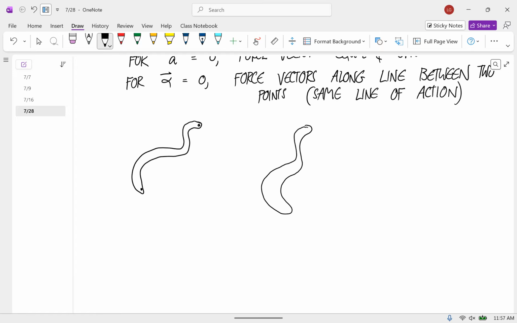If you think of the line connecting those 2 points, the only possibilities are that these force vectors are away from each other along this line, or that they're towards each other along this line. Those are the only possibilities. And so the truss simplification exploits that, okay?